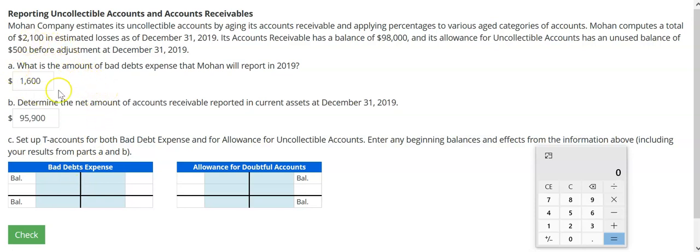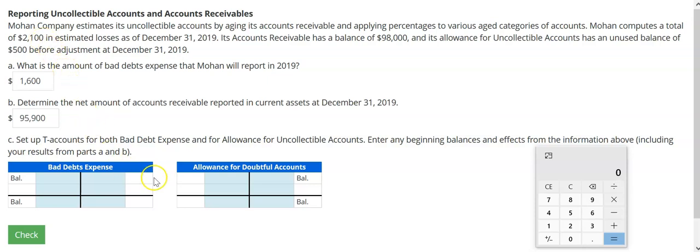Our ending bad debt expense is going to need to be this $1,600, and our allowance for doubtful accounts needs to end up with a $2,100 balance.